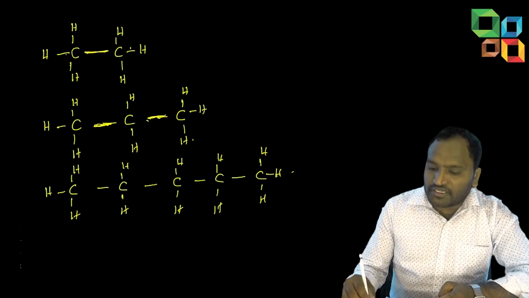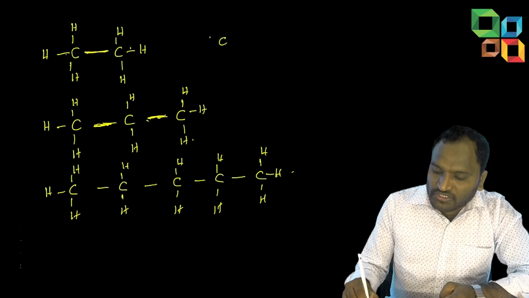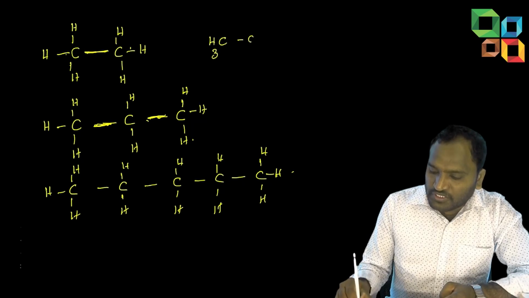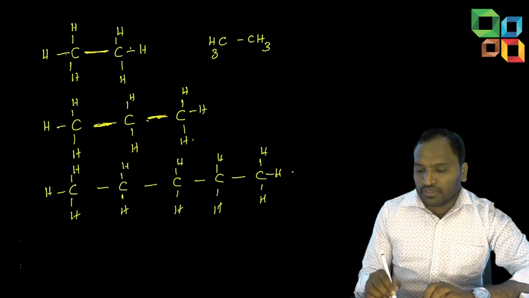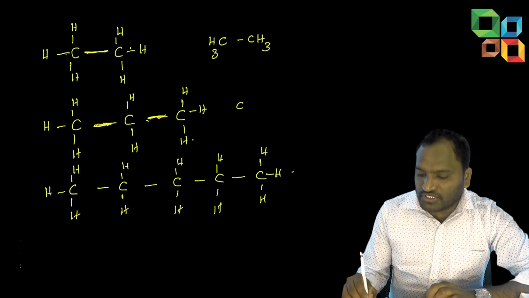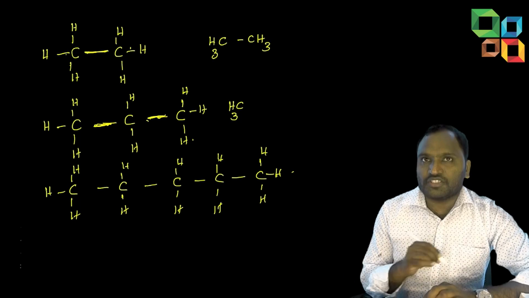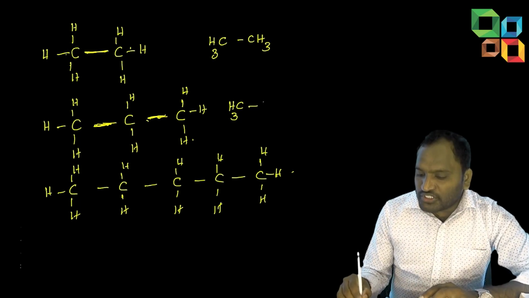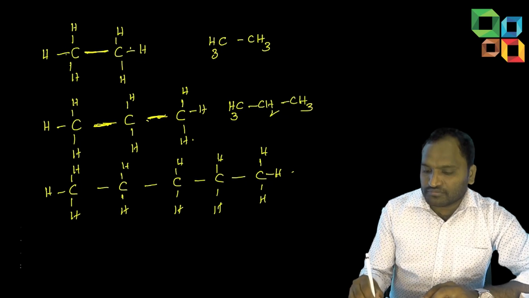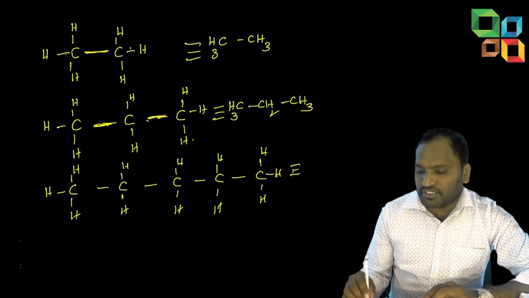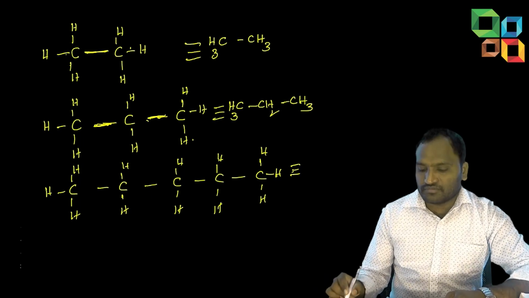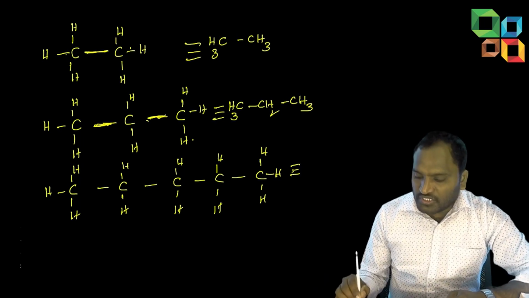So this one, if we write condensed form, how will we write, students? CH3, CH3. Tell me, students. CH3, CH2, CH2, CH3. It is not a triple bond, it is equal, identical.